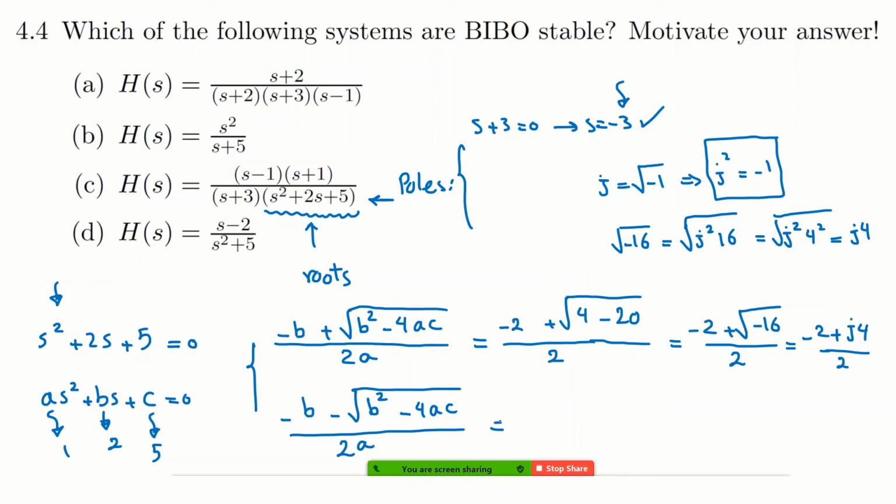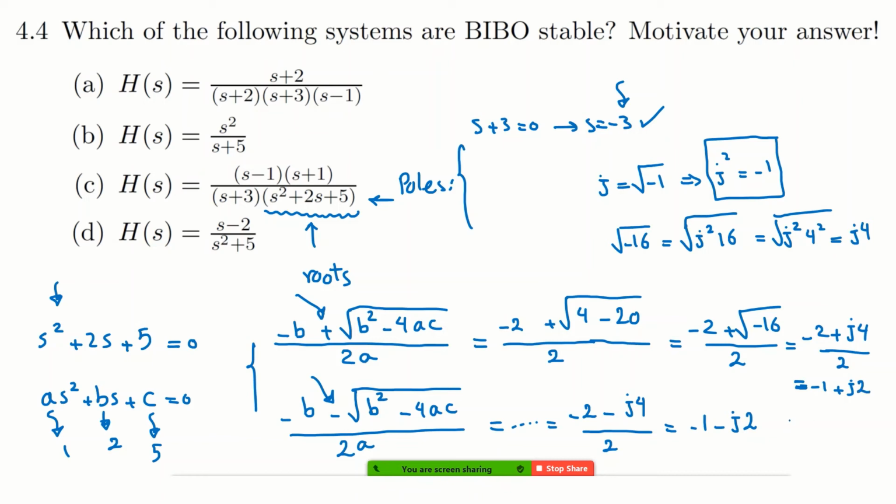I can do the same for the other root, but I don't need to go through all the steps, because the plus sign is just changed to minus, so I have minus 2 minus j4 over 2, which is minus 1 minus j2 here, and for the other one, minus 1 plus j2.